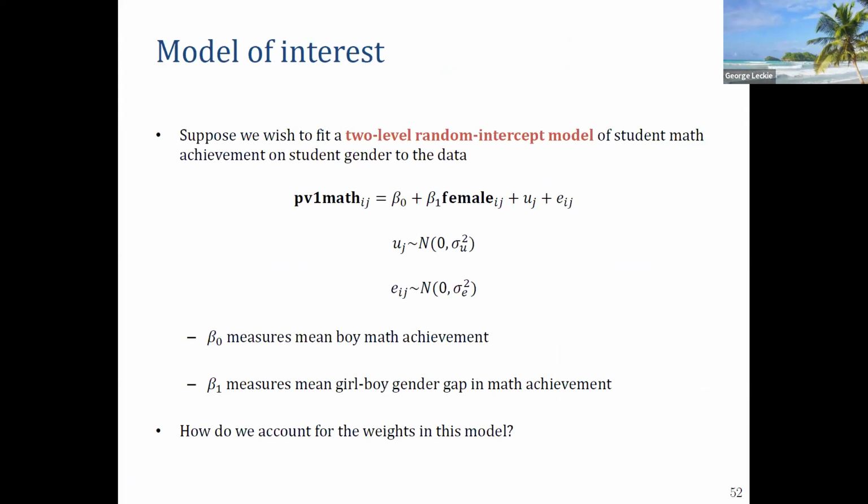Regress plausible value 1 math score on gender, get the boy mean, get the girl-boy differential, get the between-school residual variance, the within-school between-student residual variance, and so on. The concern is that if you ignore the weights, the regression coefficients are going to be skewed towards Scotland, and especially Wales and Northern Ireland. We need to take the weights into account so that they are representative of the UK average. That's what we want to do.